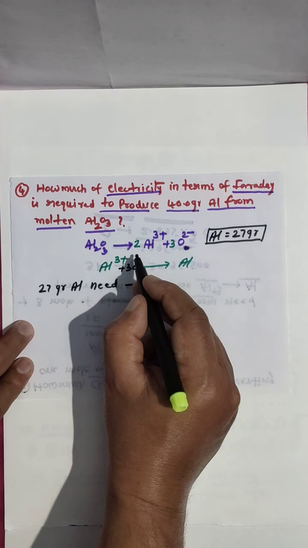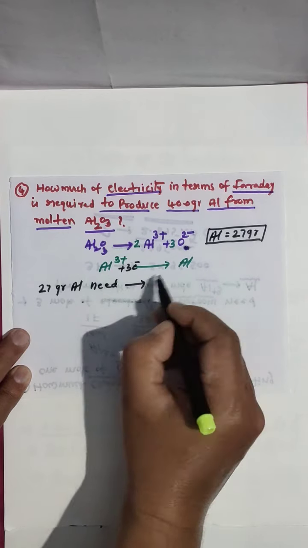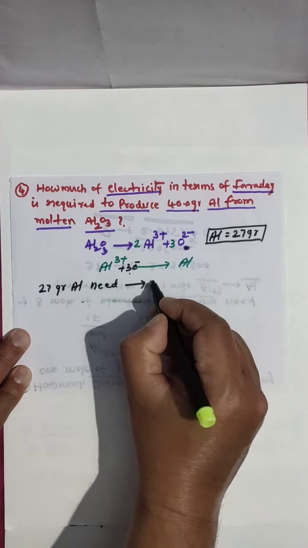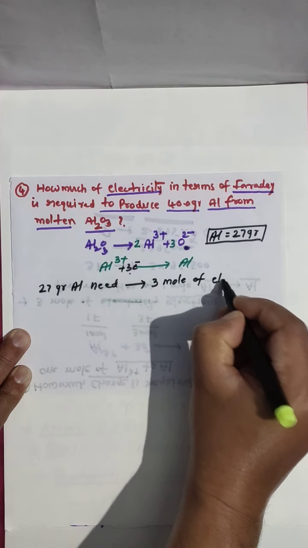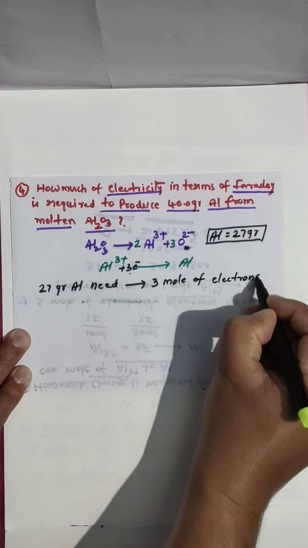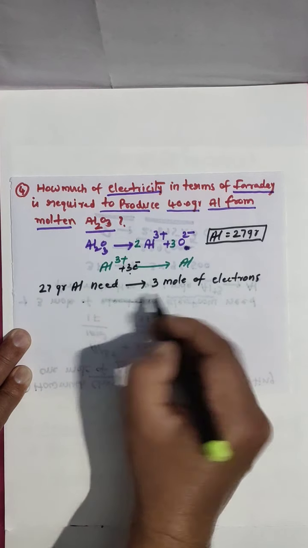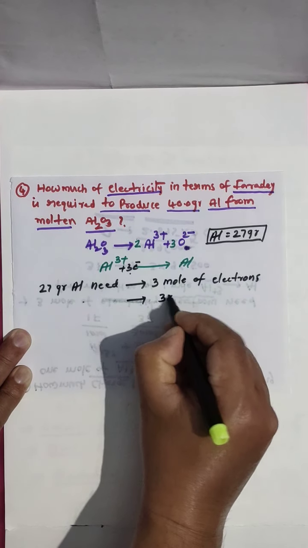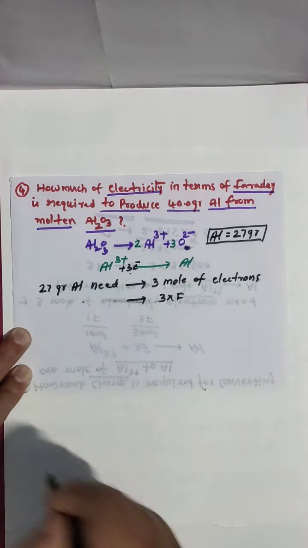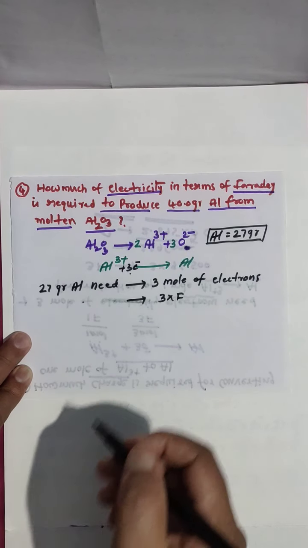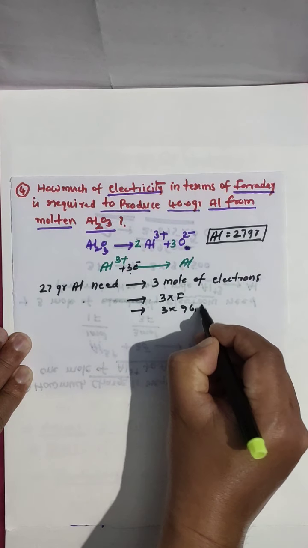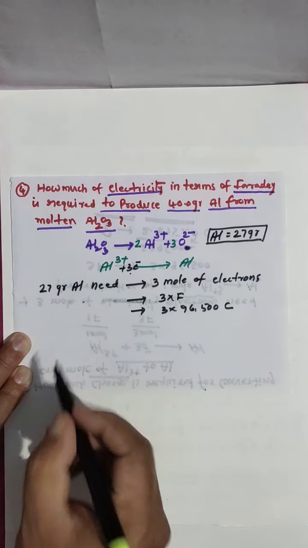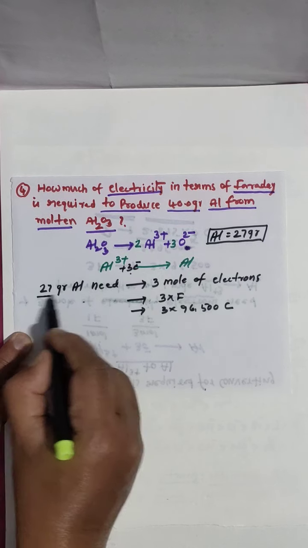Here to reduce, 3 moles of electrons. Clear? I told you 1F, this is 3F, nothing but 3 into F. Am I right? 3 into F means 3 into 96,500 coulombs for 27 grams.